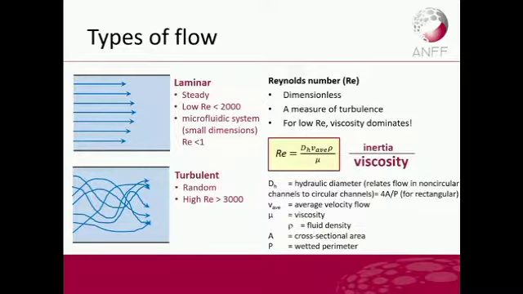With microfluidic devices, normally the Reynolds number is less than 1, so it's a really small number. In those cases, viscosity dominates the system. In most macro scale fluid flows, like rivers and streams, the flow is quite turbulent. So laminar is the main thing in microfluidics.